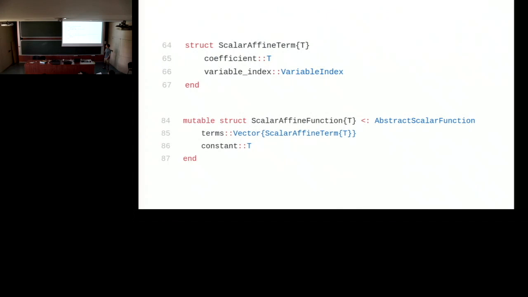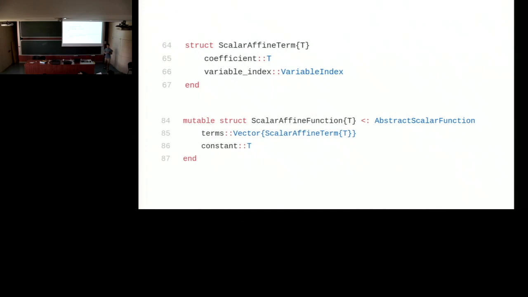Scalar affine functions. We iterated on this recently. This struct previously had three fields, separating the indices from the coefficients.